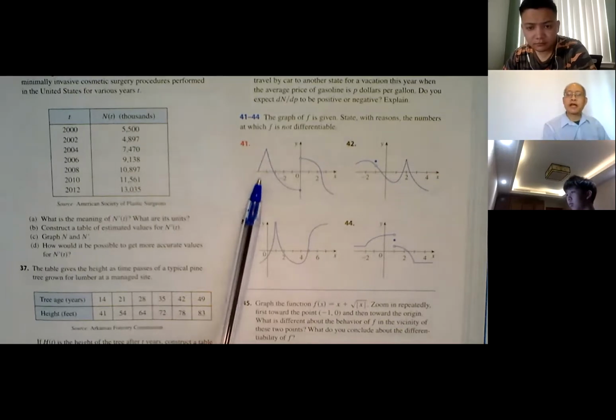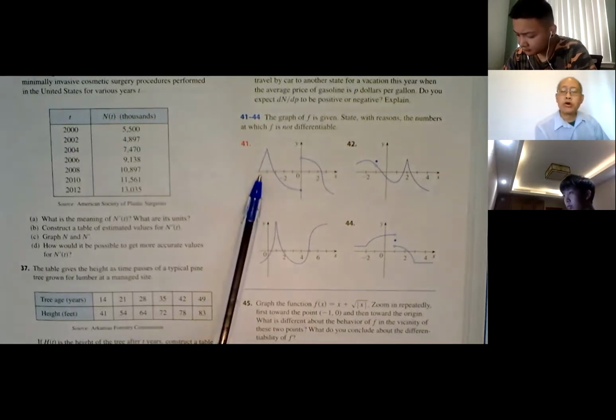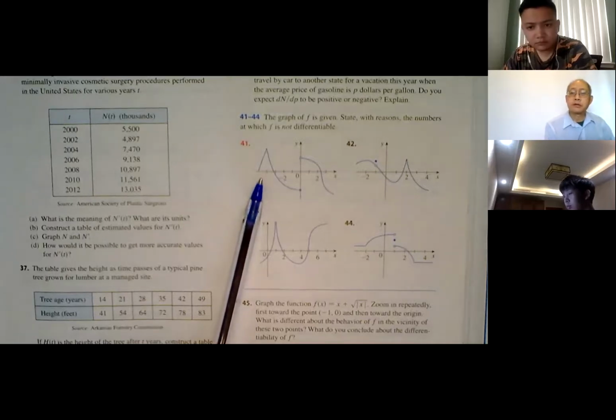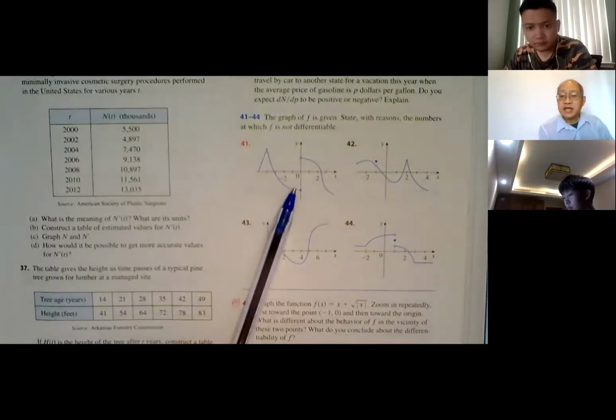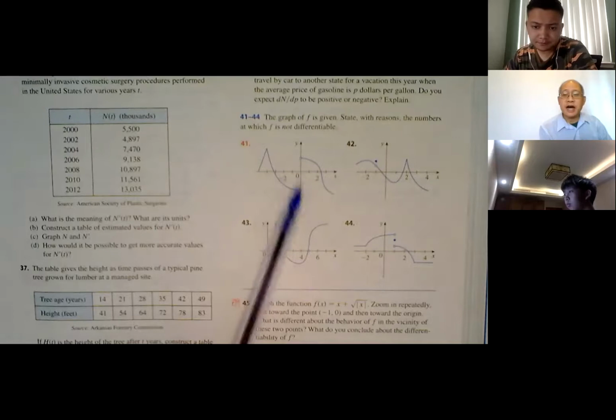So for 41, put down negative 4. The reason is a corner point. So for 41, put x equals negative 4, corner point. And x equals 0. So what's happening at x equals 0? The function is not continuous.